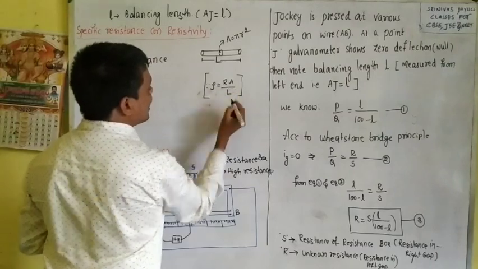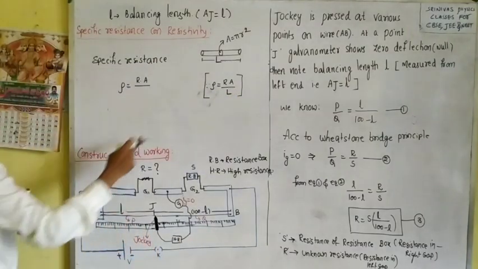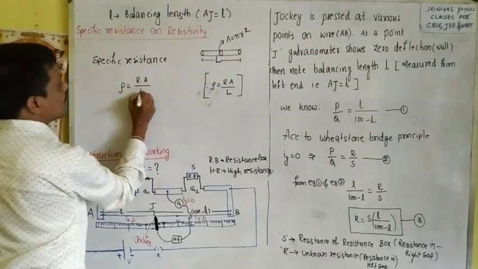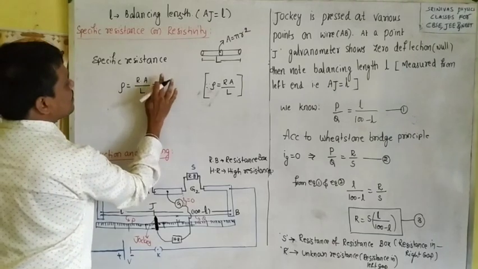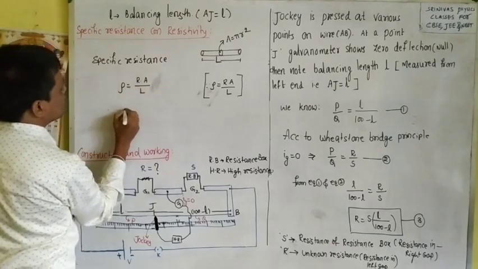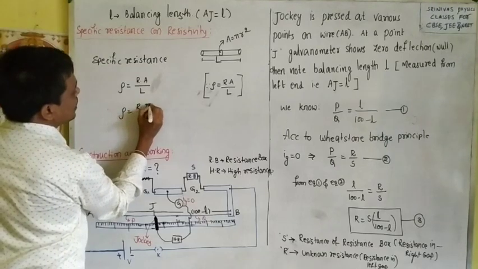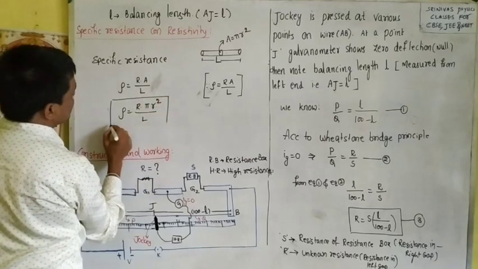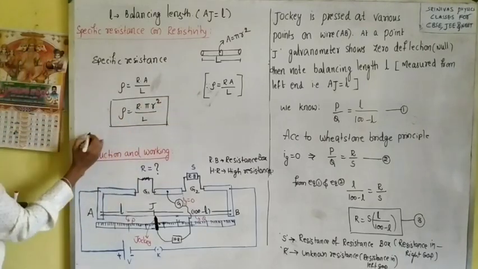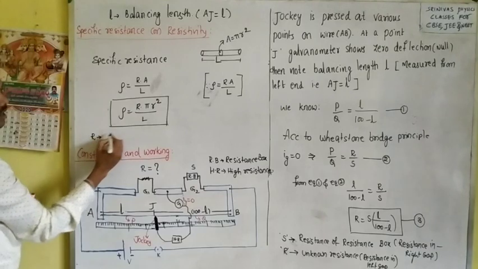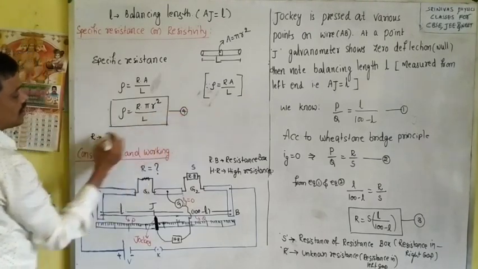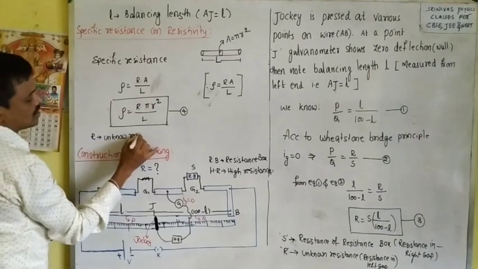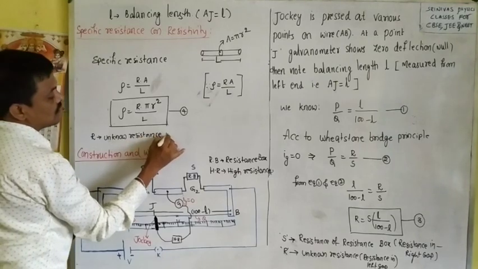Because small l already means the balancing length. Here R is the unknown resistance of the wire, so rho is R into pi r square by L. This is the formula to find out the specific resistance of the wire. Here R is the unknown resistance, measured from equation 3.